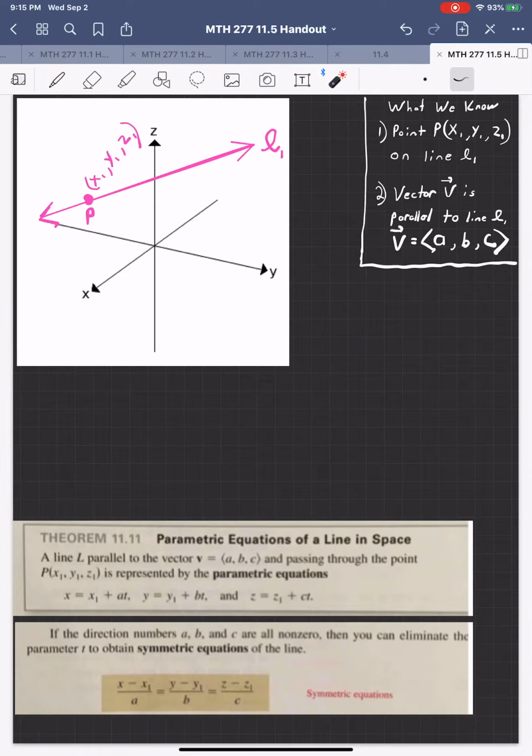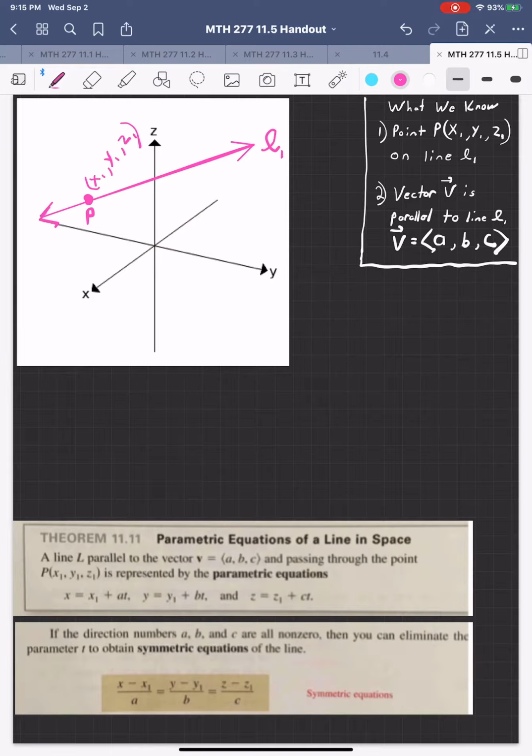Now let's think about the second thing that we need, which is a vector that is parallel to that line. For example, here, this could be a vector parallel to that line, only I'm going to make sure that the initial point of that vector is at the origin. Let's give that a name.